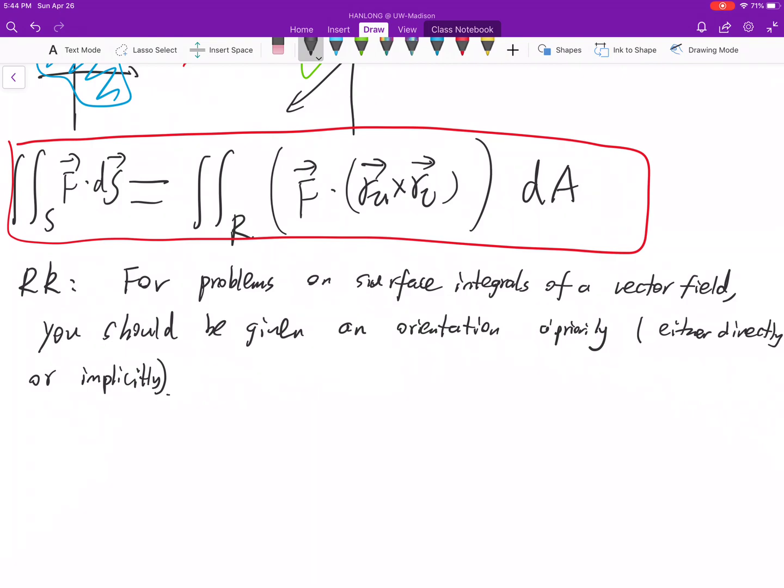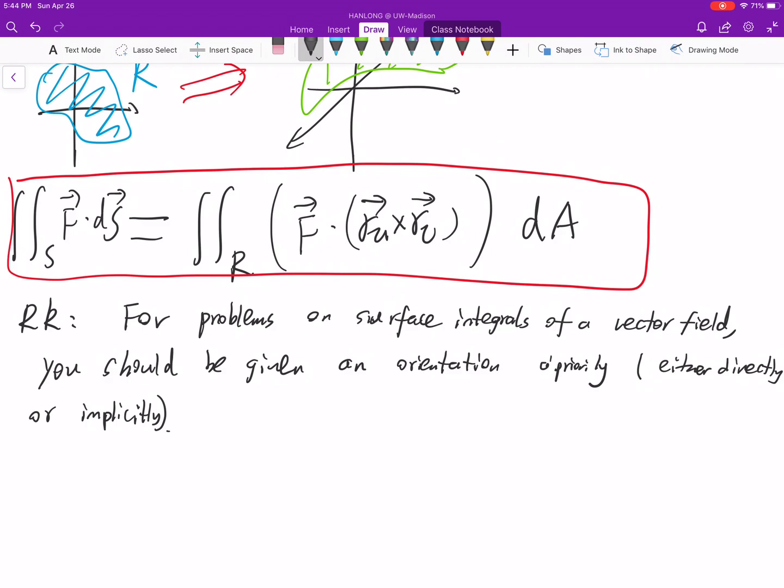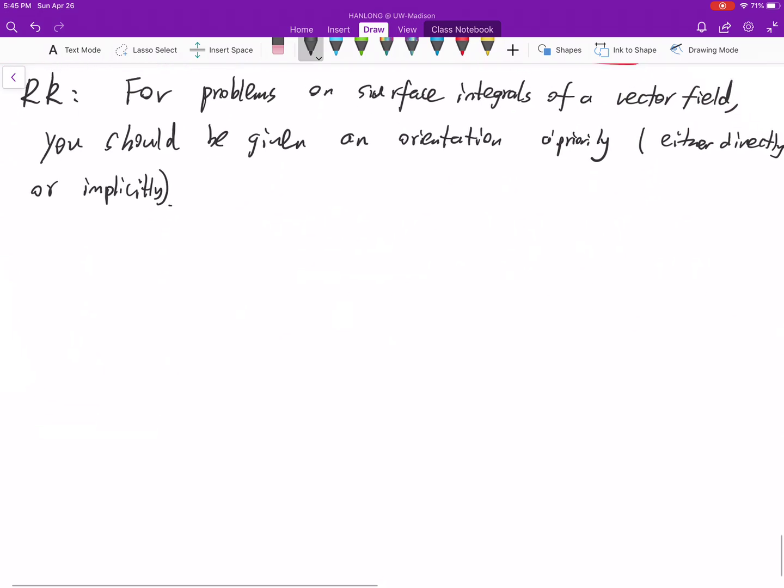So make it clear which orientation you are talking about. Although for some problems, it's really a convention, for example, you always take the positive orientation for a closed surface, but not always. So I would suggest you state it clearly, if you could.